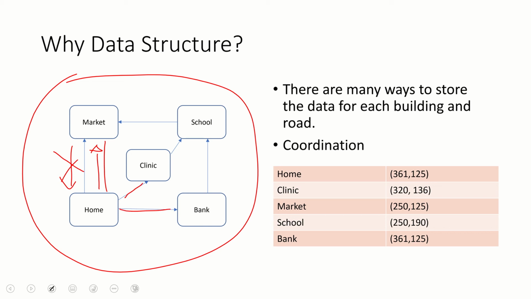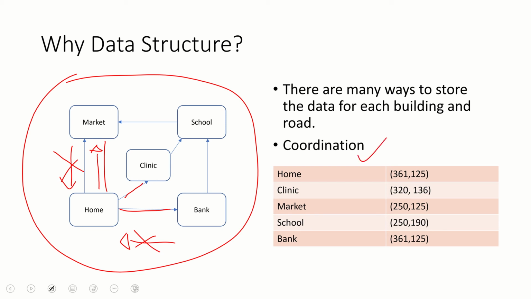But since there's no backward arrow, they cannot go back from bank to home. So basically, you can understand the arrow is one way.